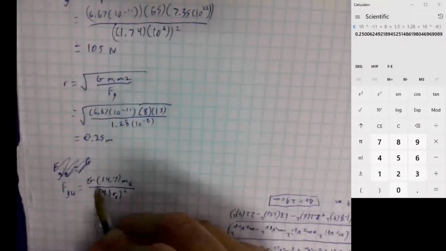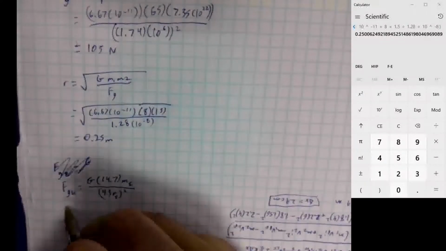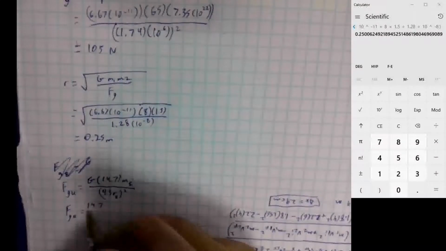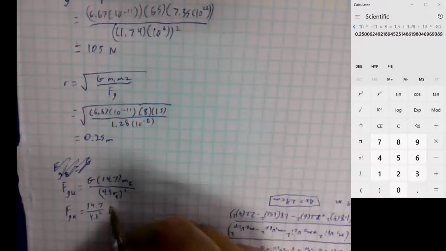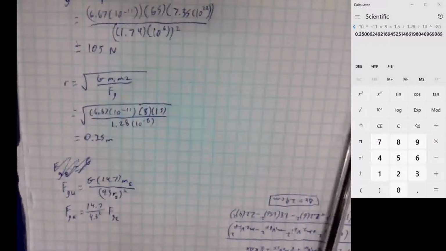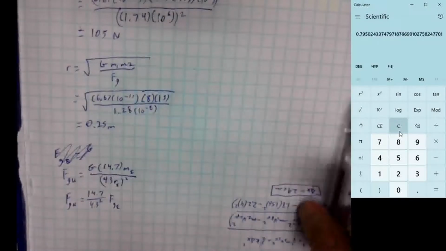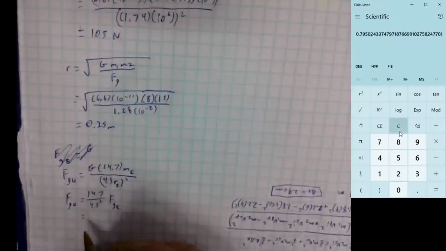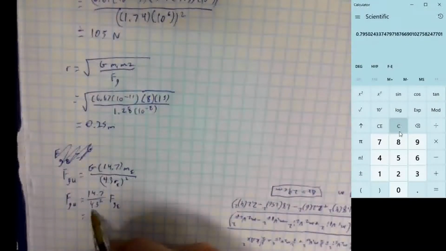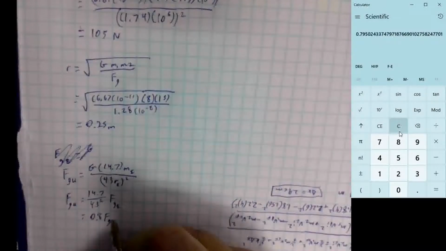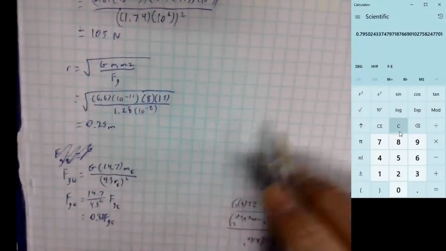The rest of this was just the FG of E. So my FG of U is equal to 14.7 over 4.3 squared, times the rest of these variables, which is my FG of E. So if I find out what 14.7 divided by 4.3 squared is, I end up with 0.795, and I have to round that to two significant digits because there's a 4.3 here. So it becomes 0.80 FG of E.